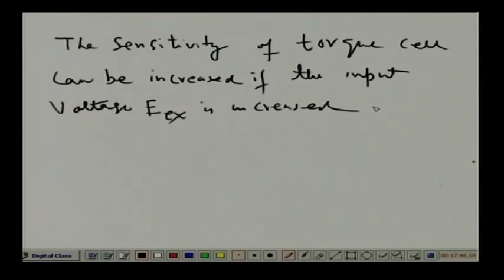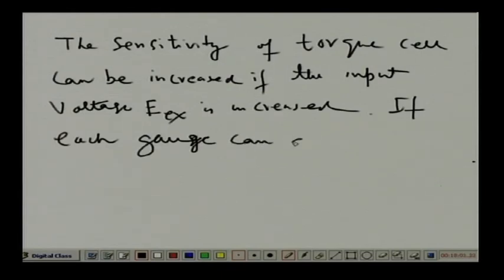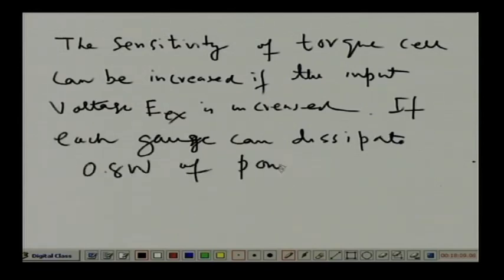So, that means the sensitivity is increased if each gauge can dissipate, each strain gauge dissipates, 0.8 watt of power.